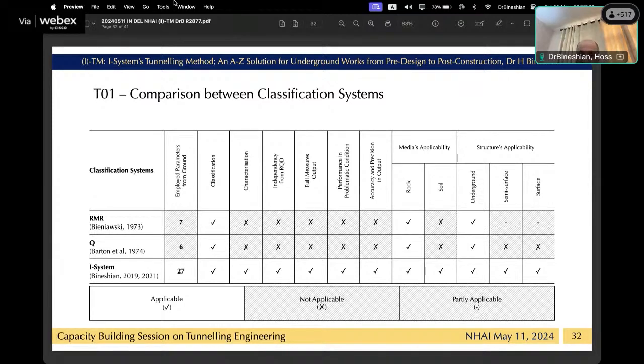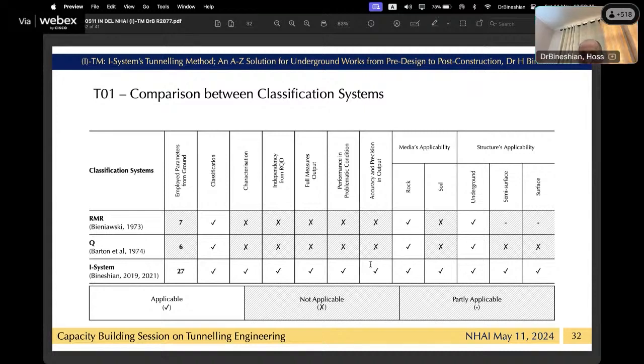Performance in problematic conditions: RMR and Q, as stated by their developers also, are not applicable for problematic locations and poor grounds, but I system is applicable for any problematic conditions. Accuracy and precision in output: if you send 10 geologists to measure RMR and Q independently, they will come back to you with 10 values.